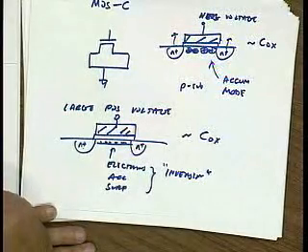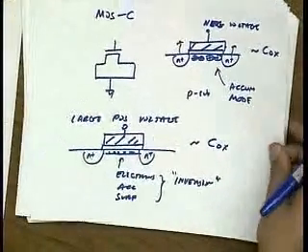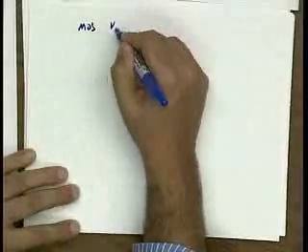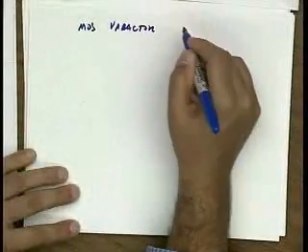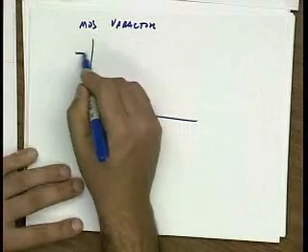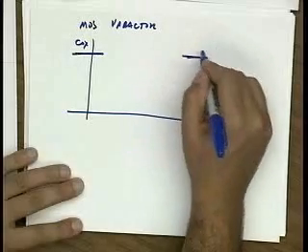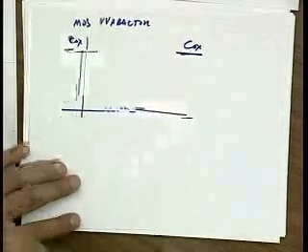What's interesting is if I put an intermediate voltage on here. So let's see what happens. First of all, let's plot what you all know. Let's plot the MOS varactor curve. I've observed that for large negative voltages, it's Cox, and for large positive voltages, it's also Cox.